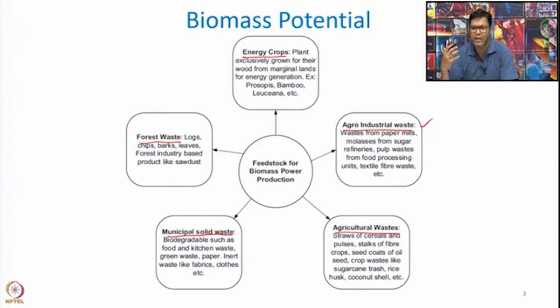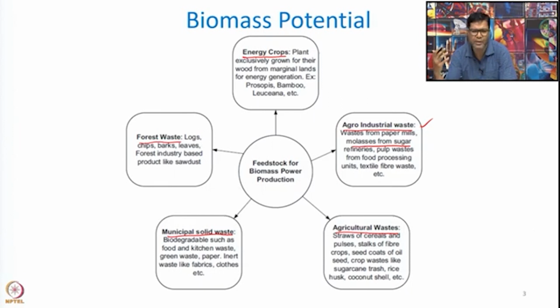When they use any biomass, they do not use 100% of it to convert into the desired product, and a lot of waste is generated. For example, molasses from sugar: sugarcane juice is converted into sugar, but there is a lot of byproduct, and that is molasses, which is predominantly used for bioethanol production.